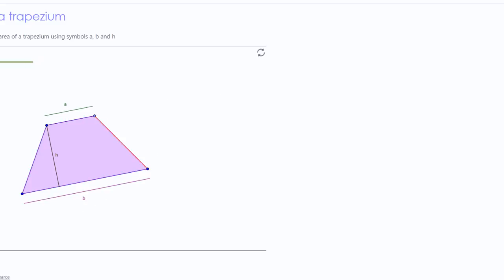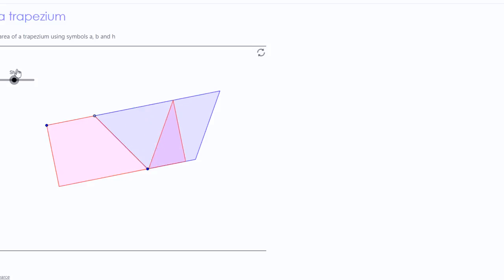All right, that was the original. Rotate it, form another shape by pairing the two trapezium together. And now what I'm going to do is to shift this bit to the other end to end up with that. And you can see that the resulting shape here is actually a rectangle.